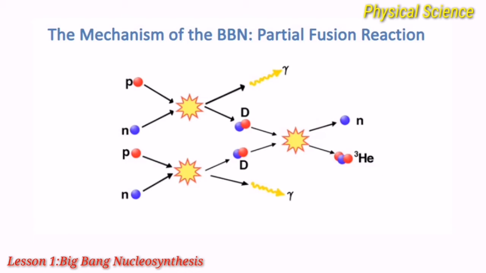This illustration shows two of the nuclear reactions which occur during the Big Bang nucleosynthesis. It shows protons and neutrons combining to form deuterium nuclei. As you can see here, it is denoted as letter D, containing one proton and one neutron, accompanied by the emission of high-energy photons in the form of gamma rays.